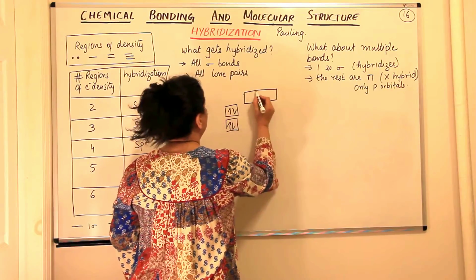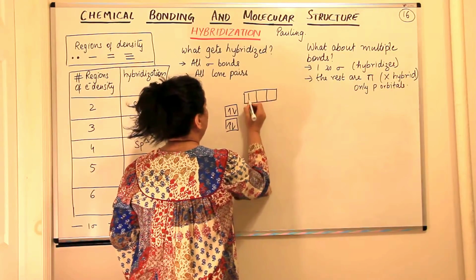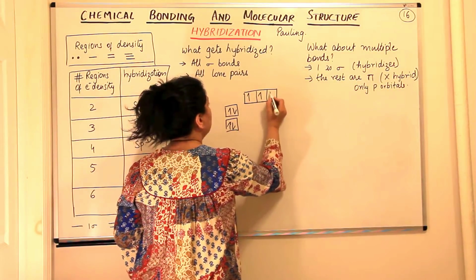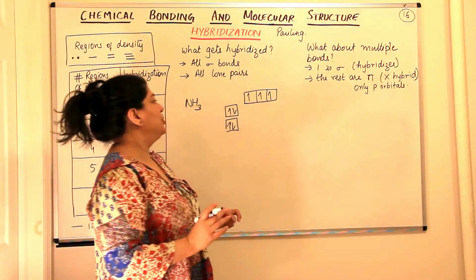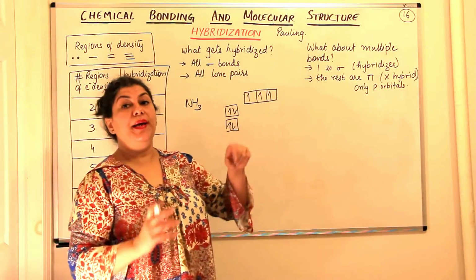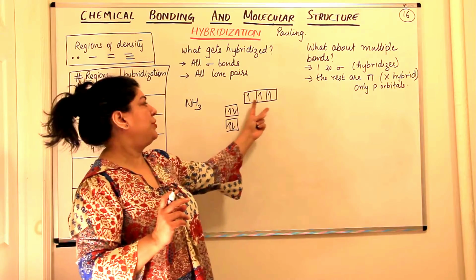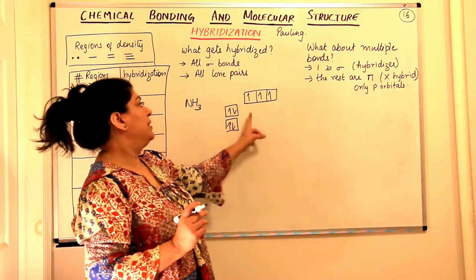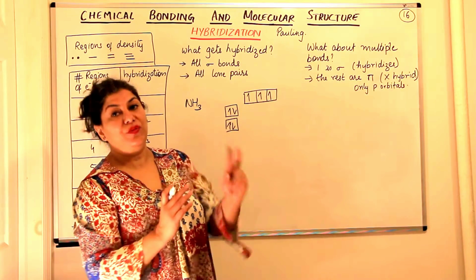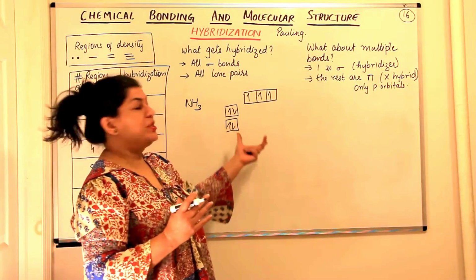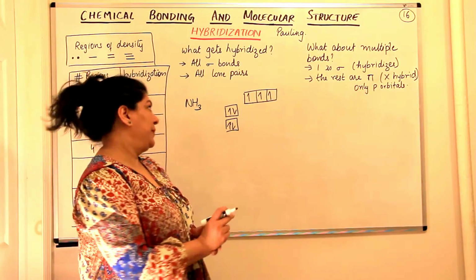Since it is the 7th element, it has 3 electrons in 2p. According to Hund's rule of maximum multiplicity, it would occupy all the 3 p orbitals, which are degenerate. That is, 1 electron would go to each one of them. Degenerate means orbitals which have the same energy.